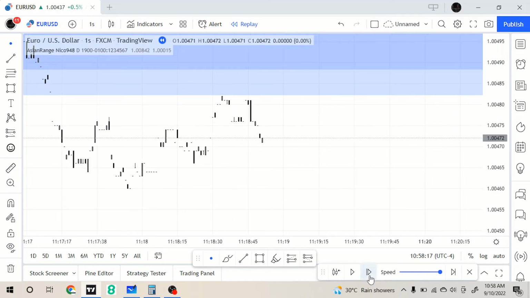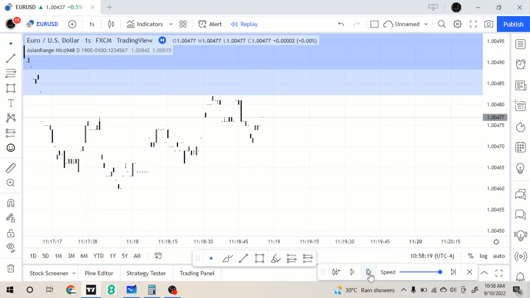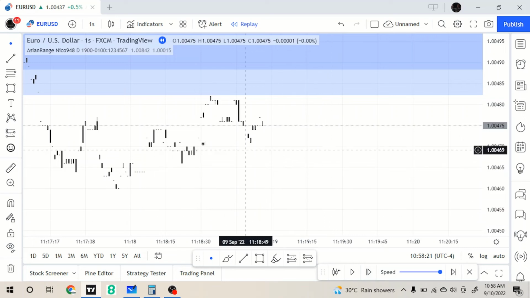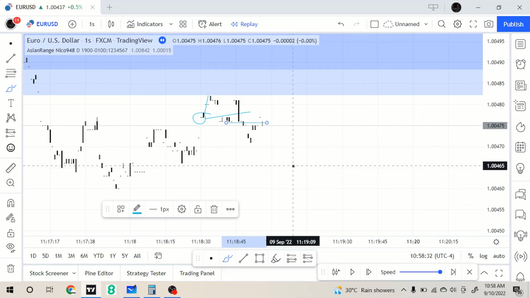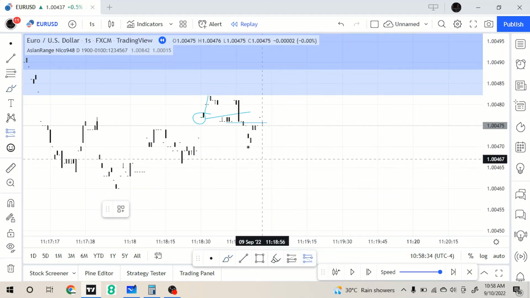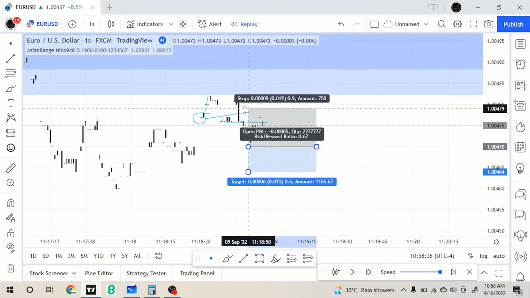It's not something I'm too proud about. Clearly there was some sort of rejection right here, a down move before this up move. It got broken. So without further ado, ladies and gentlemen, if I get a break of this, I'm going to be entering this trade right here.